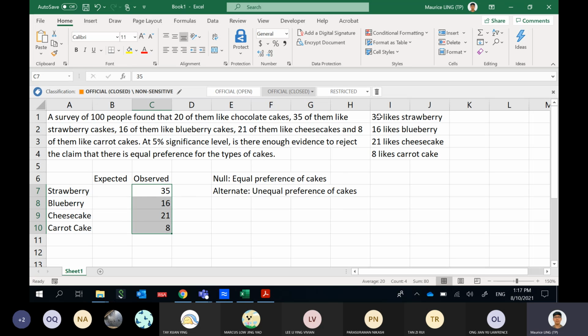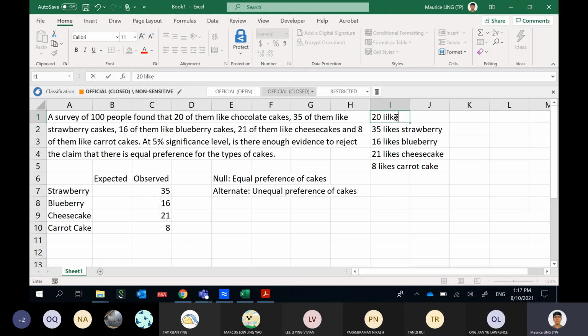Survey 100 people, 35. Oops, I'm short of one cake. Okay, I still have one that likes, 20 likes.